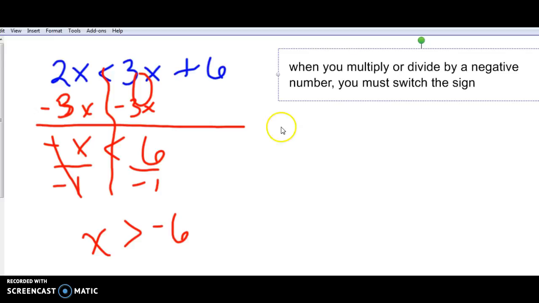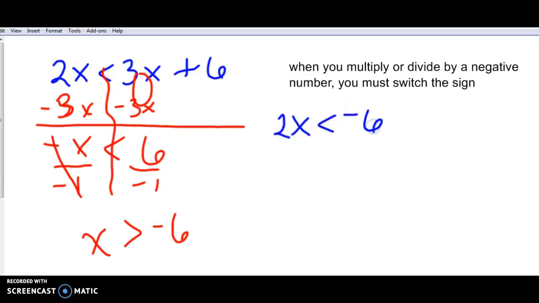It's only dividing by a negative or multiplying by a negative. So if I had 2x is less than negative 6, if I want to solve for x, I need to divide both sides by 2. So x is less than negative 3. I didn't have to switch the sign because I didn't divide by a negative number. I divided by a positive 2. So it's only when you multiply or divide by a negative that you have to switch the sign. Otherwise, solving inequalities is the same as solving equations.